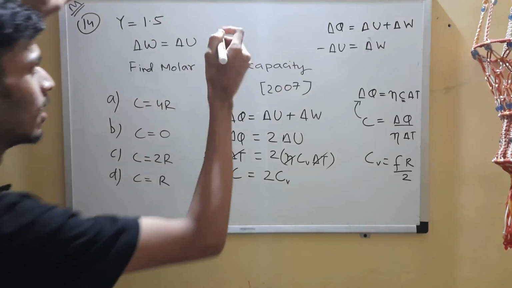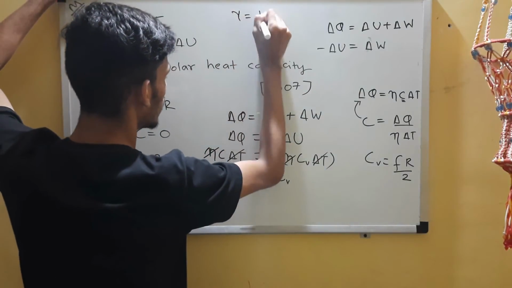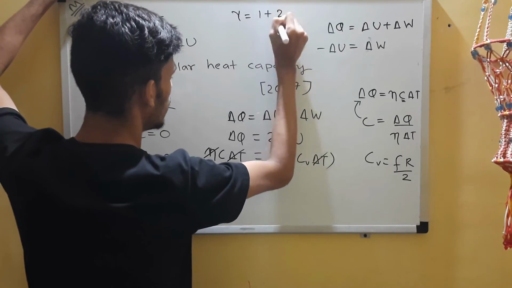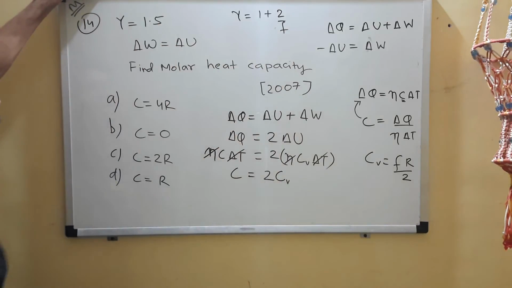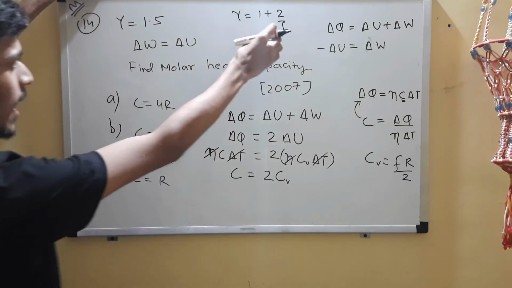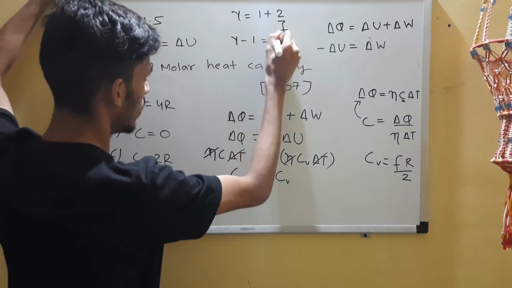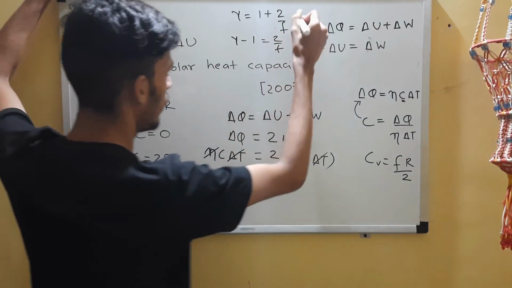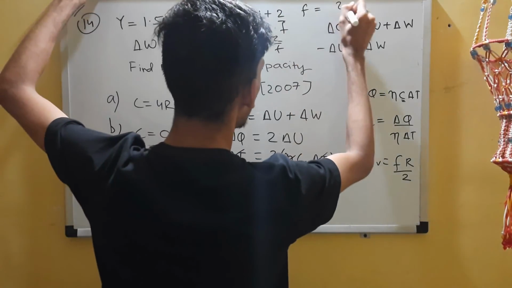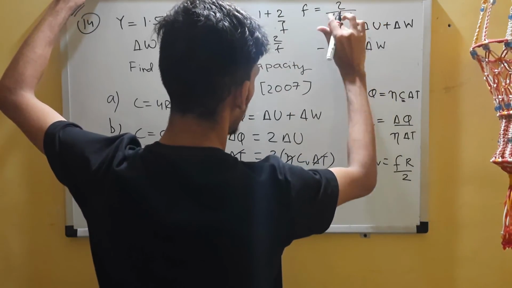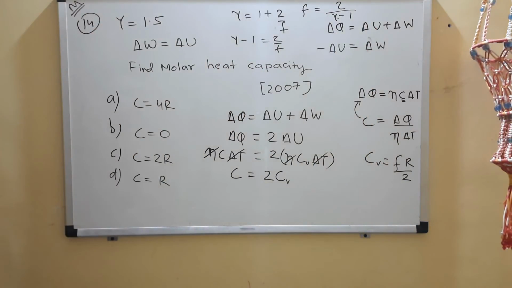So we can use the relation between gamma and F. Gamma is 1 plus 2 by F. We know what the value of gamma is, so we can write F in terms of gamma. Gamma minus 1 equals 2 by F, which means F will be 2 upon gamma minus 1.